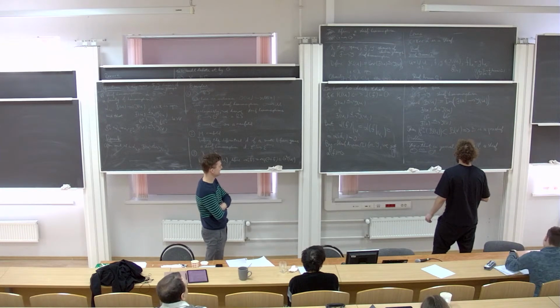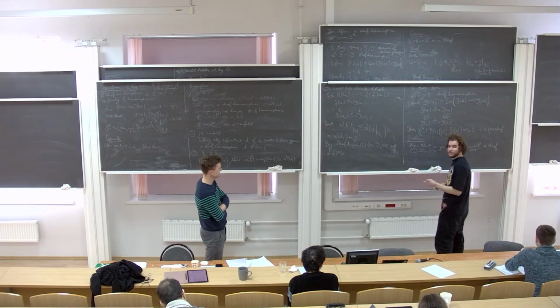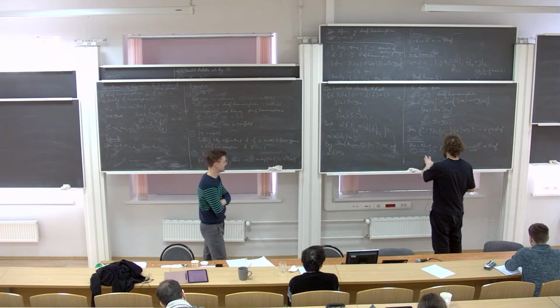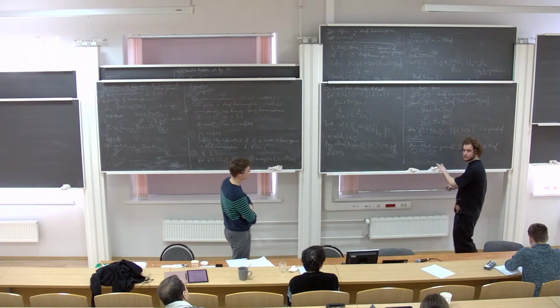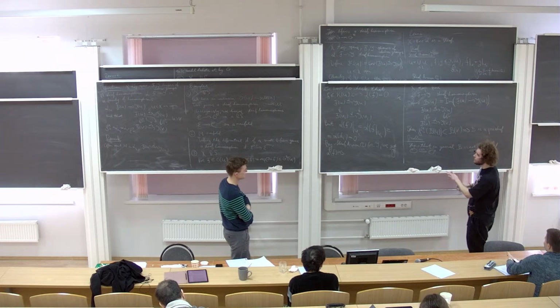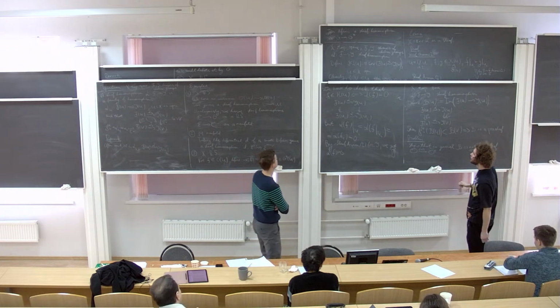Okay, so I don't know if they could hear me, but anyways, we have this homomorphism. Yeah, I guess it's clear that this is a homomorphism. Yeah, we actually defined it.